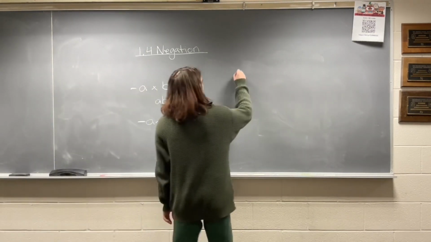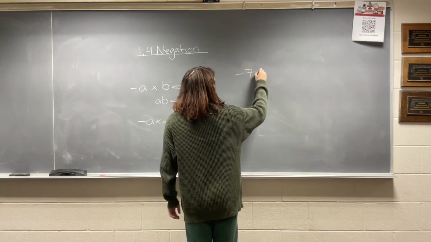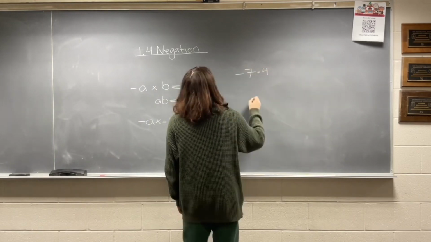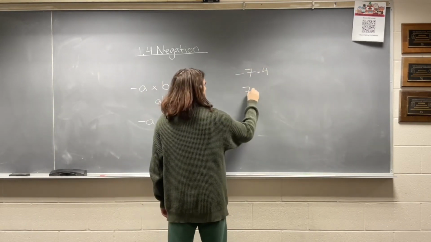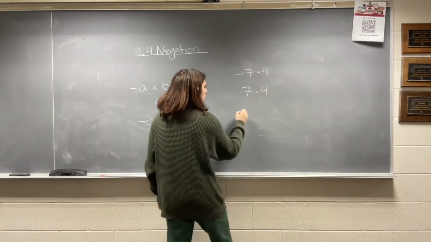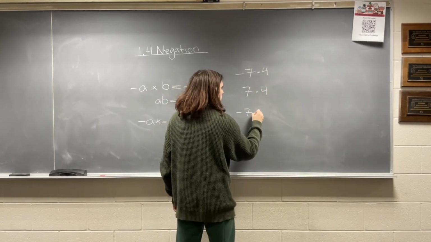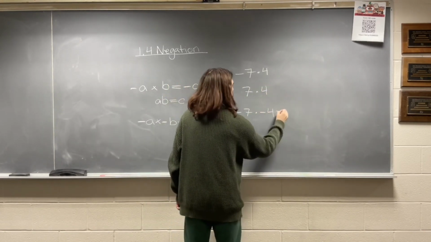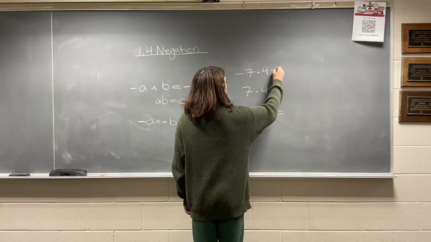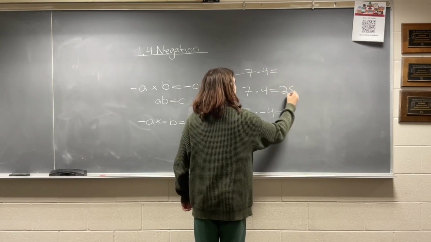And we'll see that with some actual problems here. Now let's go ahead and do negative 7 times 4. And we can also do 7 times 4. And we can do negative 7 times negative 4. And we can see what all of these are equal to. So we know that 7 times 4 is 28.